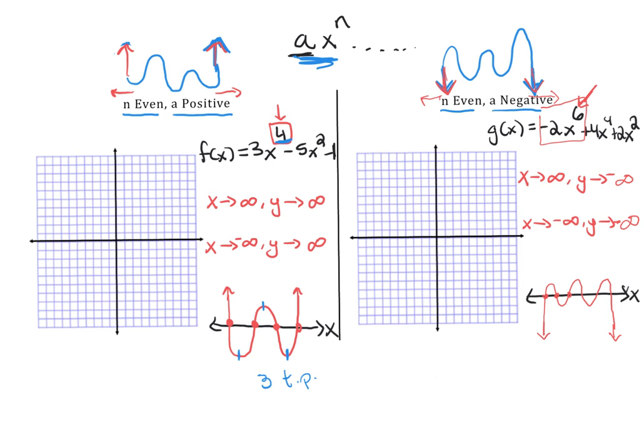It could cross less than 6. It cannot cross more than 6. And then if you count the turning points, 1, 2, 3, 4, 5. It's always one less than your exponent, and that is the maximum number of turning points.